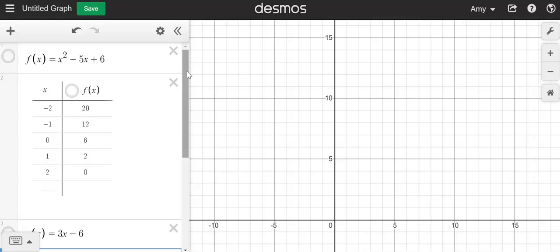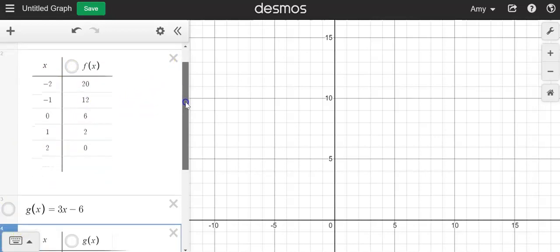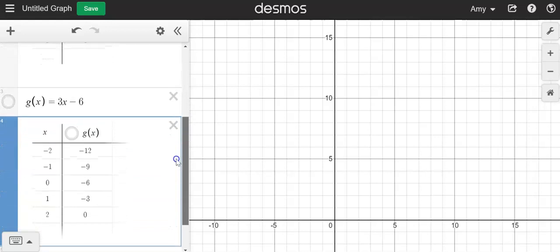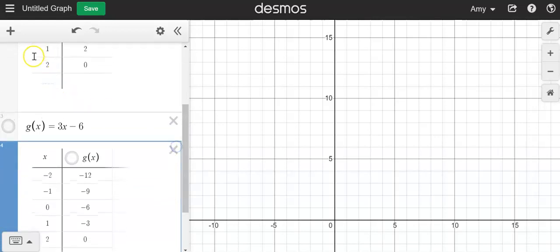So when we have an intersection point, that's when the functions are the same, right? They have the same point. So what we want to do is look at the table and find the same points. Well, let's see if it's already there. What if we have one already? So looking at the tables, I'm noticing that for the input of 2, I have an output of 0, and down here for g of x, input of 2, I have an output of 0.